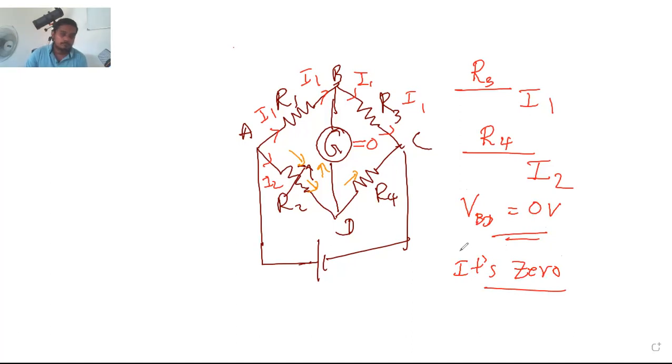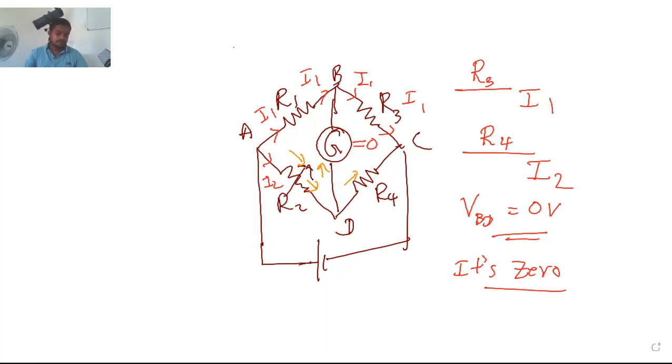And next one, when the bridge is balanced, write the relationship between the potential differences VAB, VAD, VBC, and VDC. So what can we write for them?